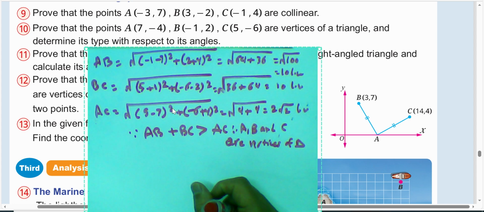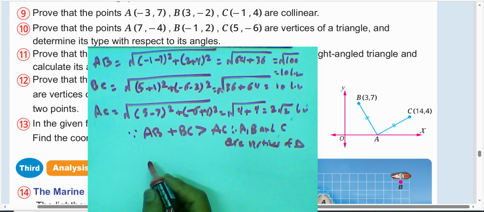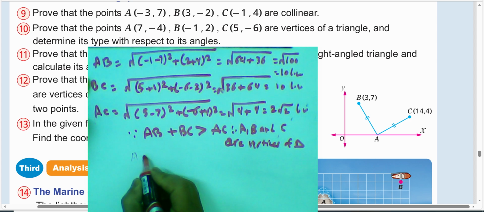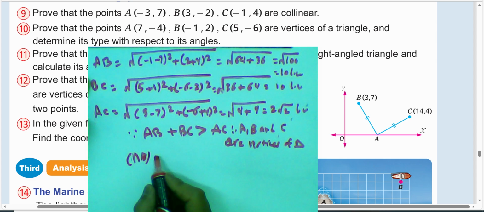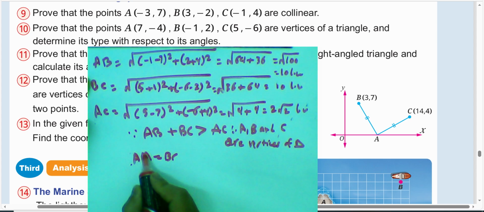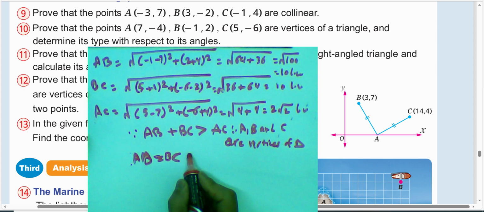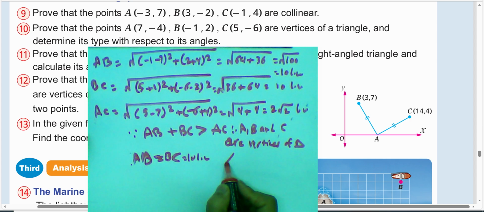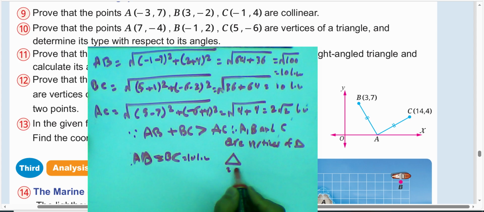Comparing with the greatest number, AB squared, we have AB equal to BC equal to 10 length units, two equal sides, and this line segment 2 root 2.